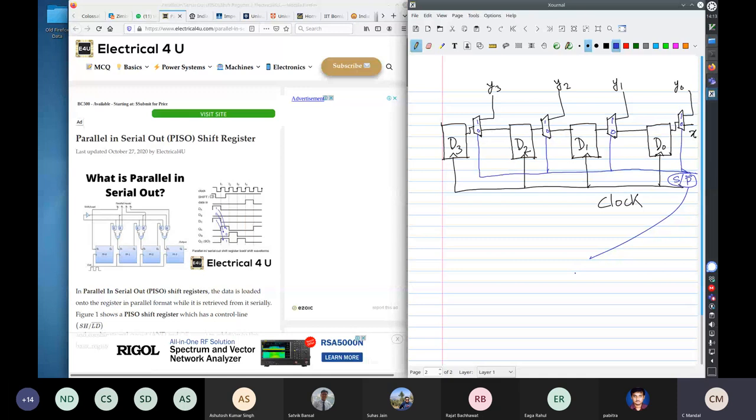If it is 0, then it is serial load, or for this particular thing it is left shift. And 1 is parallel load.